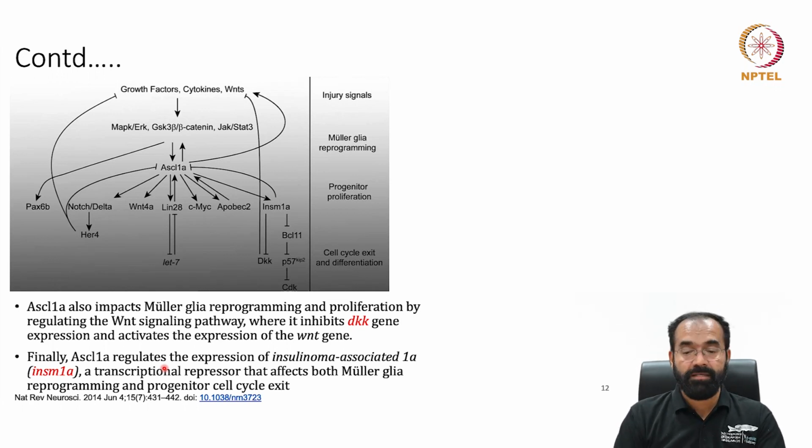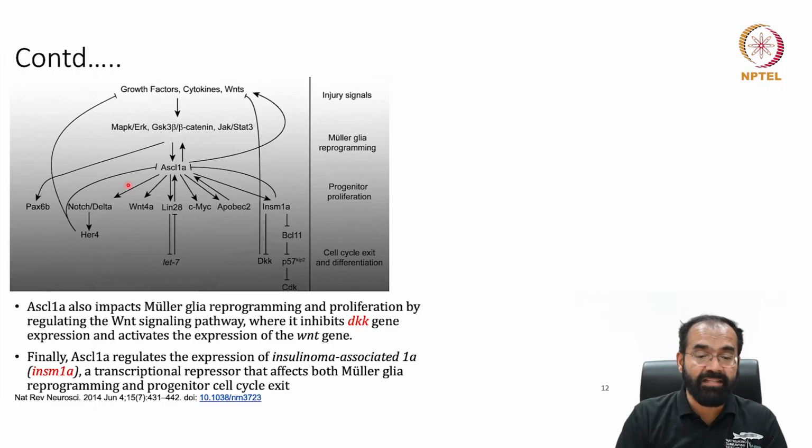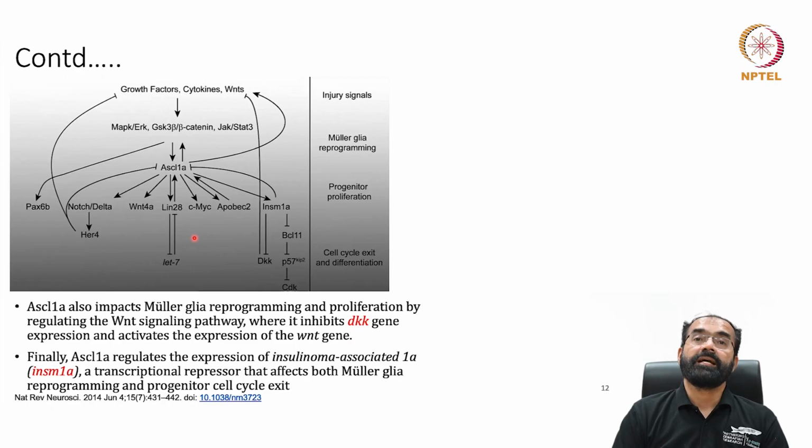INSM1A can block its own expression, INSM1A can block DKK expression, and INSM1A can block various other factors. So those are listed here. ASCL1A acts on various signaling and growth factor responses, and how ASCL1A is influencing different factors is listed in this graph. We will study the regeneration response in more detail in the next class. Thank you.